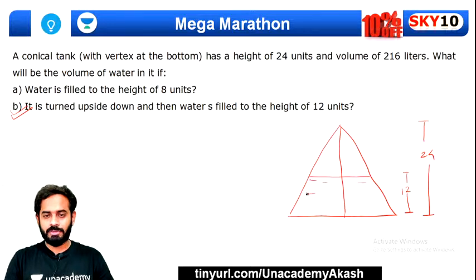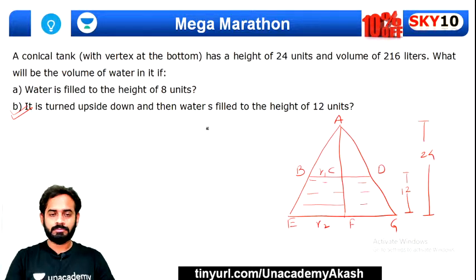So let's say this is water. Let's mark all the points A, B, C, D, E, F and G. This is, let's say, R1 and this is R2.